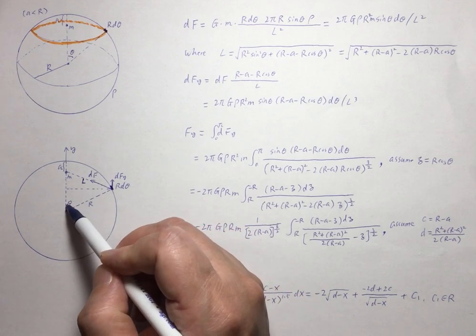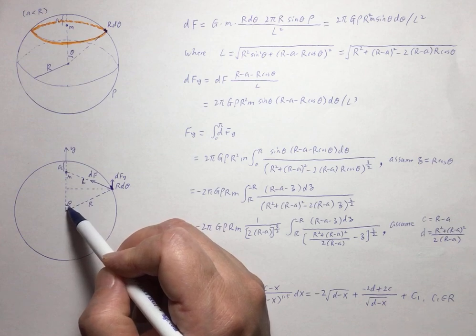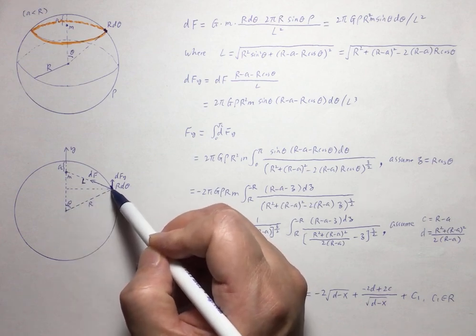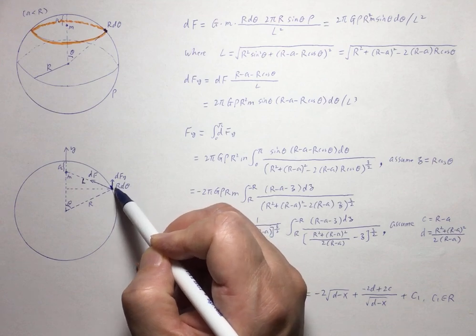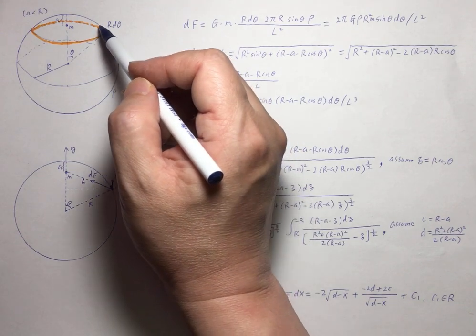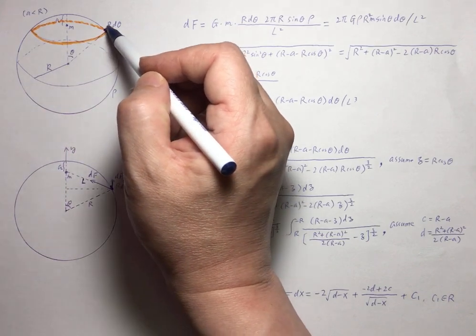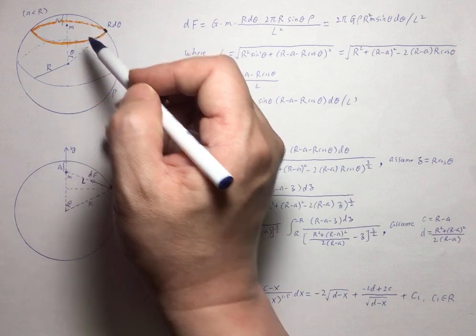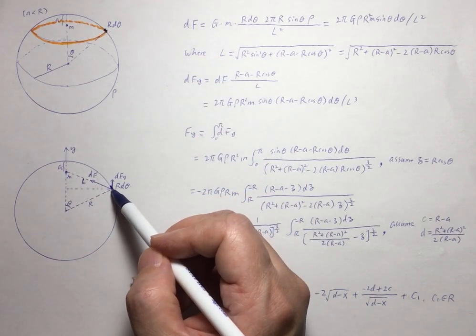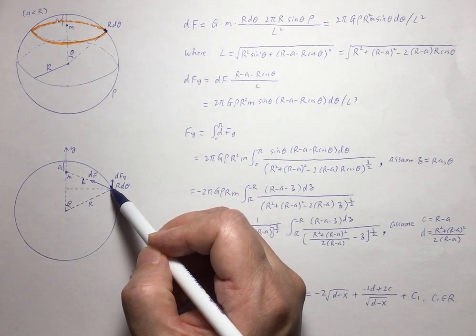So at theta angle here, we only take a very narrow strip, so the width will be r d theta, and then the whole strip is like that. If you look at it in 3D, in this 2D image, we can only see this part.